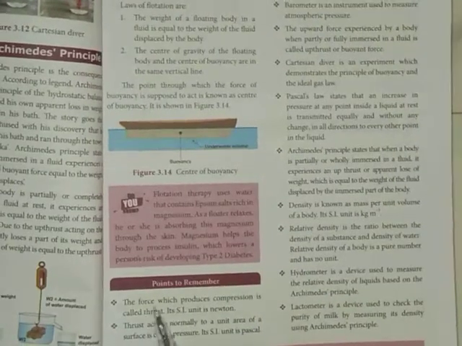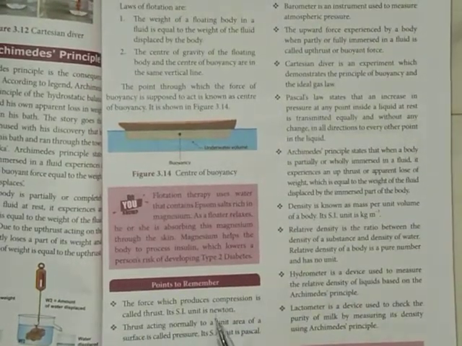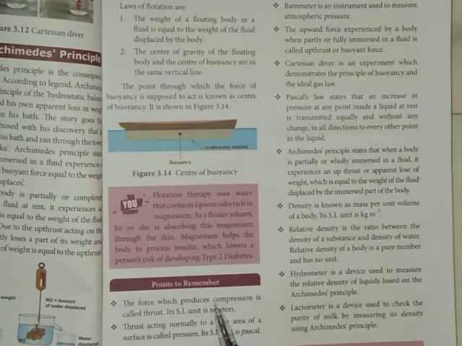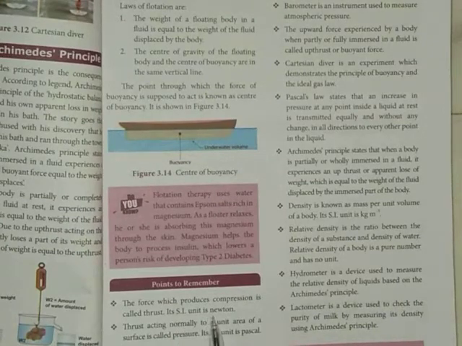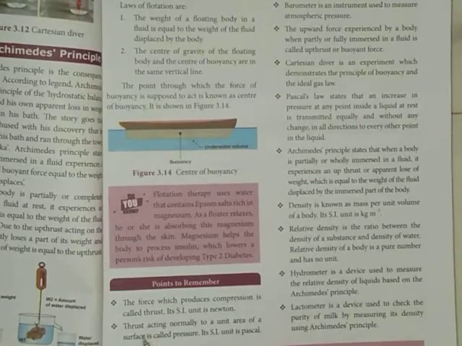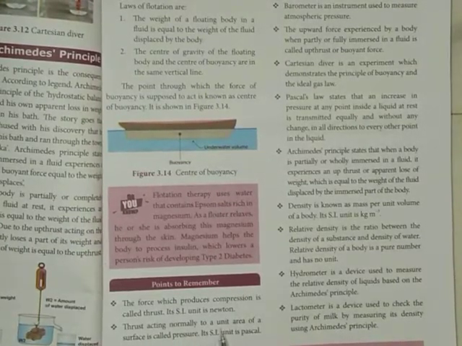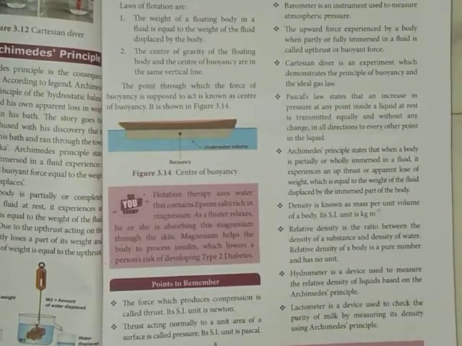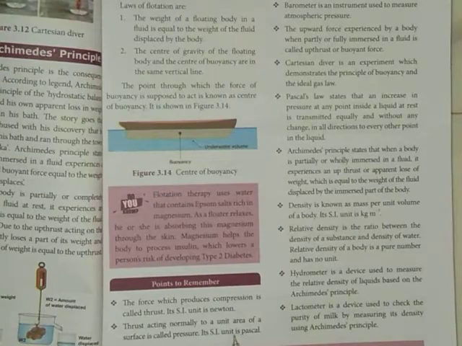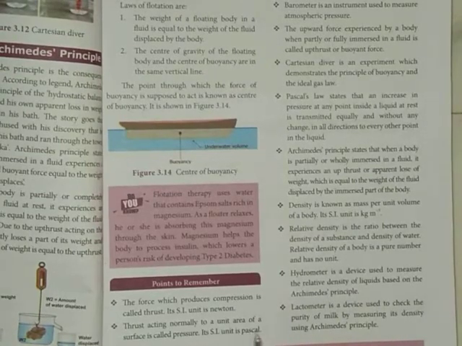Points to remember. The force which produces compression is called thrust. Its SI unit is Newton. Thrust acting normally to a unit area of a surface is called pressure. Its SI unit is Pascal.